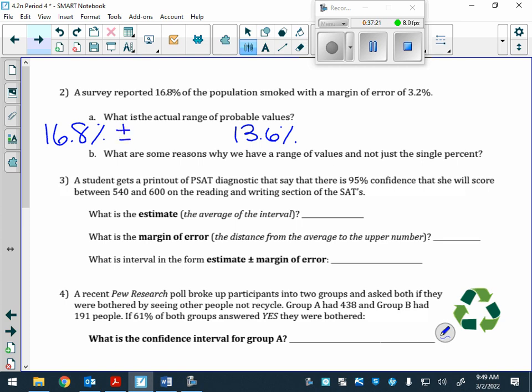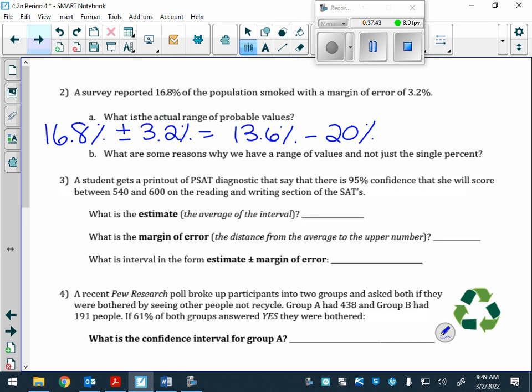Then we have to plus or minus the margin of error. Catherine? To 20%. Good. 16.8 minus 3.2, and then you have to add 3.2.